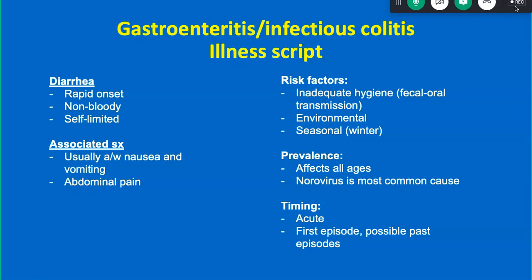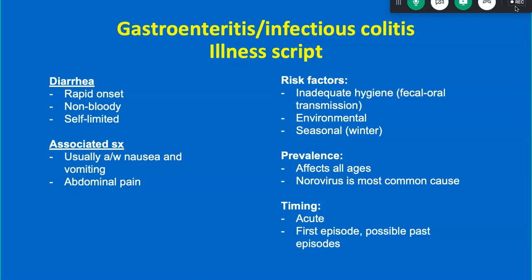Risk factors include inadequate hygiene, because some of these bugs are transmitted fecal-orally. There are environmental risk factors and seasonal risk factors. It can affect all ages. Norovirus is the most common cause, and the timing is going to be acute. This isn't going to be a recurrent infection, so to say. There'll be different infections, but you can see someone have multiple of these over the course of their life.